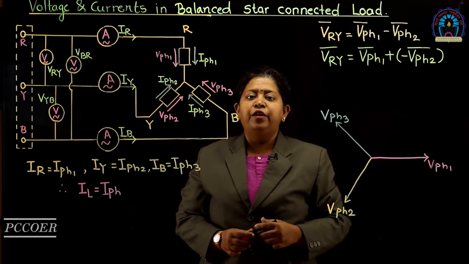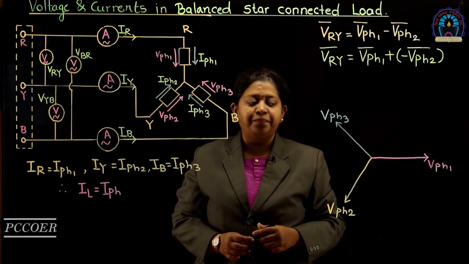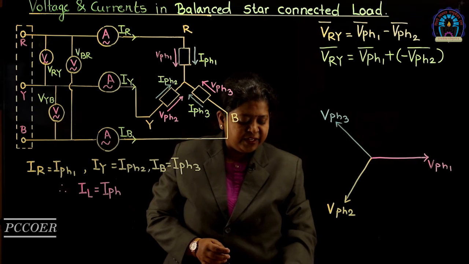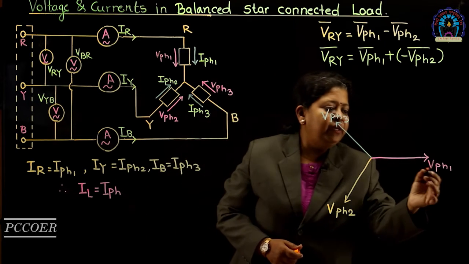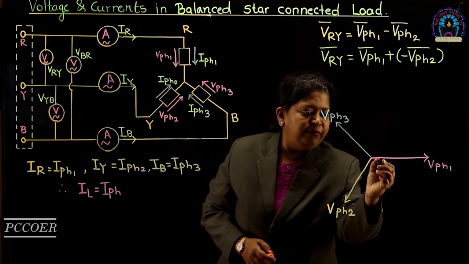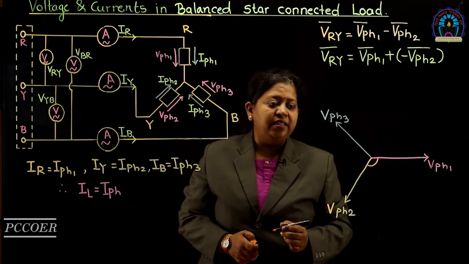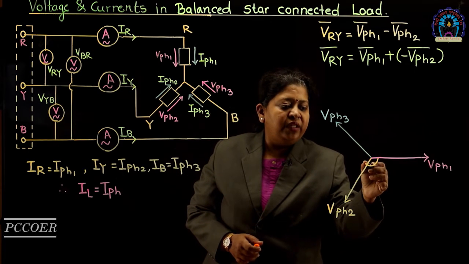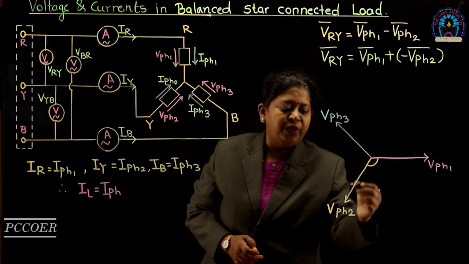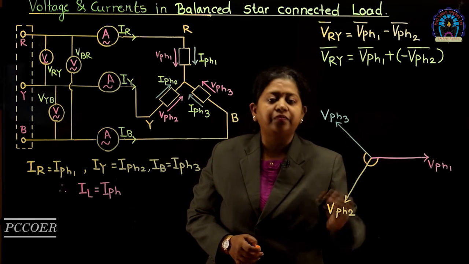This addition we will do by using the phasor diagram. So, let us draw the phasor diagram. Here in this phasor diagram, we have considered VPH1 as the reference phasor. We know that the VPH2 phasor is lagging behind VPH1 by 120 degrees and the phase difference between VPH2 and VPH3 is also 120 degrees.